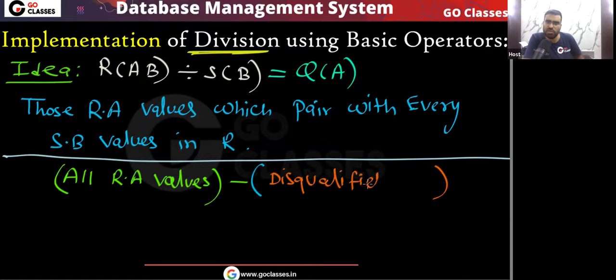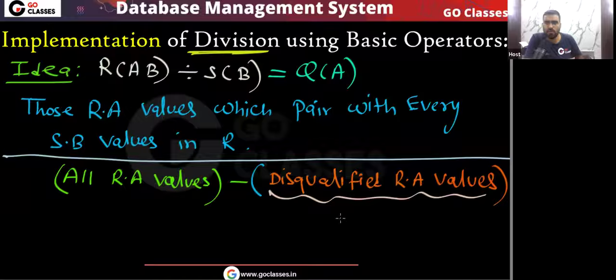Now tell me, when can you disqualify some A value? All R.A values minus disqualified R.A values. Let me know, when will you disqualify some R.A value? When it does not pair with some S.B value. Yes or no?